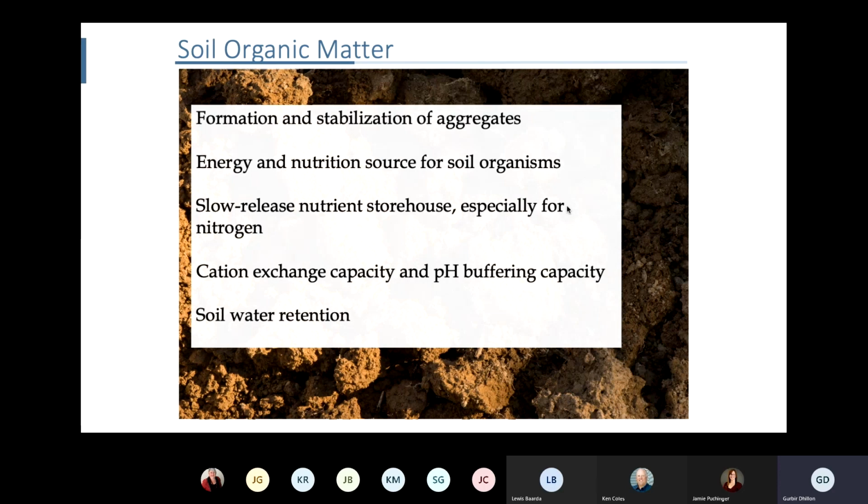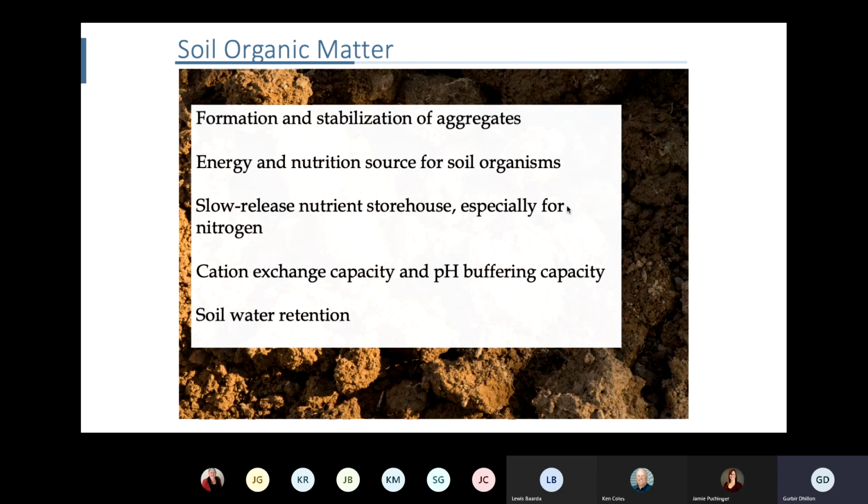Soil nutrients such as nitrogen in organic matter are released gradually through the decomposition of its mineralizable fractions, and thus it's a nutrient storehouse, making the nutrients available slowly for uptake by plants.